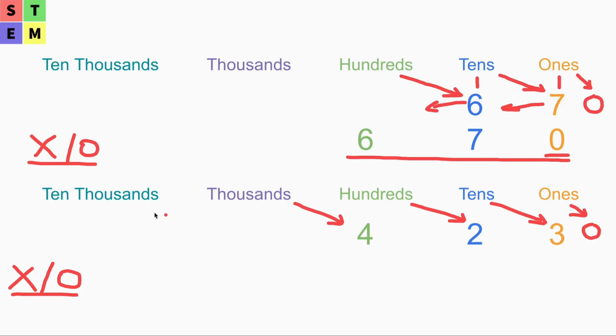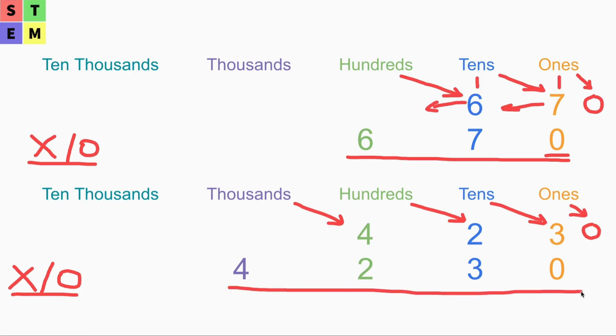But the ten thousands place still remains empty. So we'll have here 4,230 at the end. So again, 423 times 10 means we add a 0 at the end and shift all the other numbers to the left.